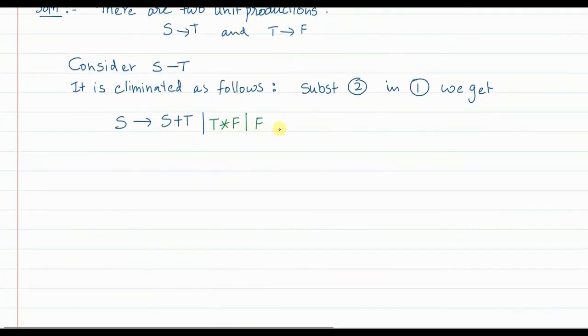But when you notice here, by replacing T, I have also introduced another unit production, since S gives F is a unit production.